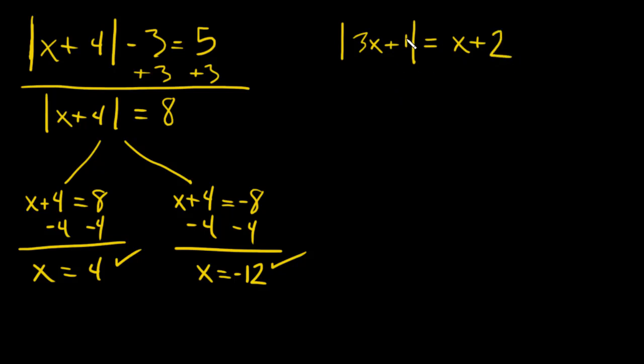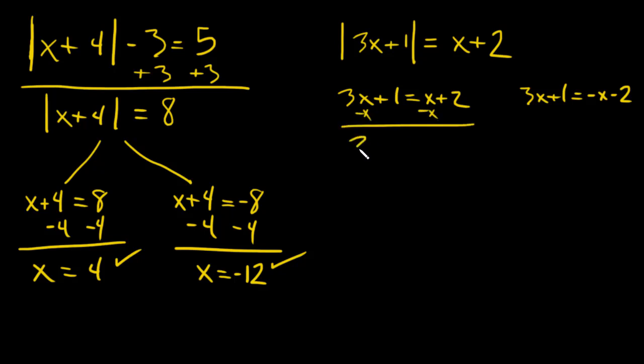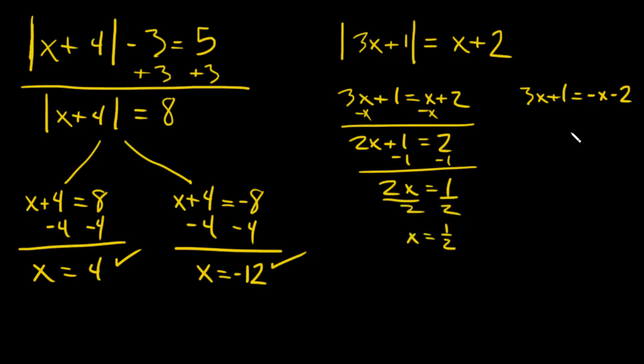If I solve this equation, I break it into two: 3x plus 1 equals x plus 2, and 3x plus 1 equals negative x minus 2. So I'm going to move the x over. 2x plus 1 equals 2, minus 1, minus 1. 2x equals 1, divide by 2, x equals 1 half.